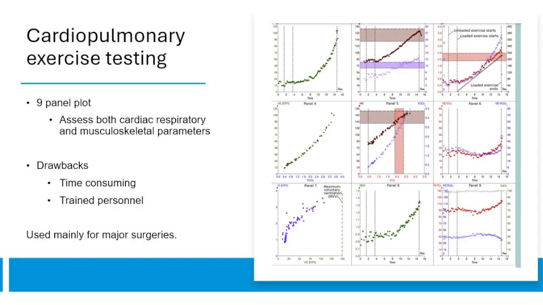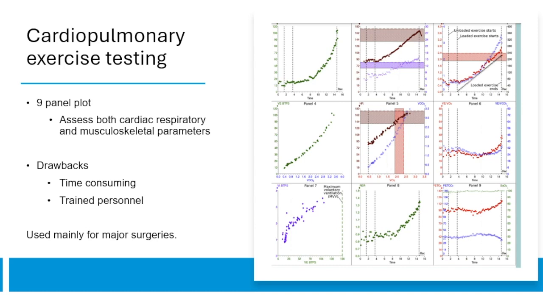Now with cardiopulmonary exercise testing, you assess both the cardiac and respiratory systems as well as musculoskeletal parameters. Even though this is the gold standard, it is used only for major surgeries, it's not available everywhere, it's time consuming, and you need trained personnel.